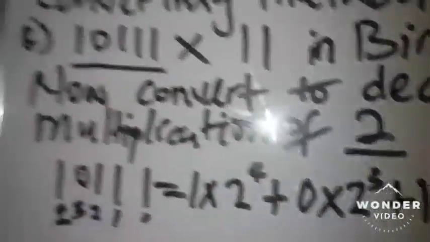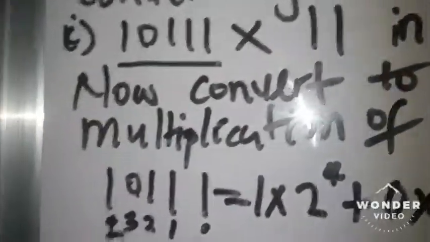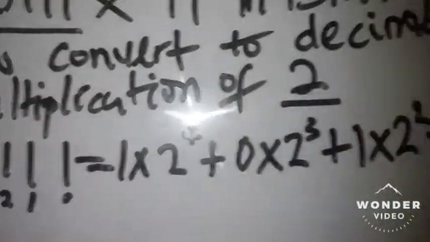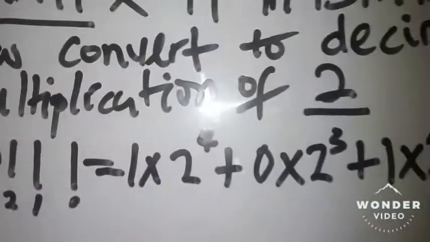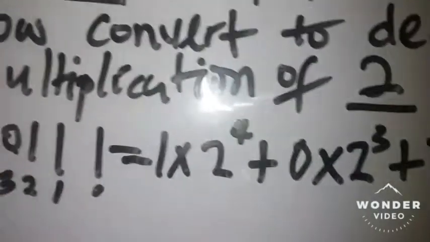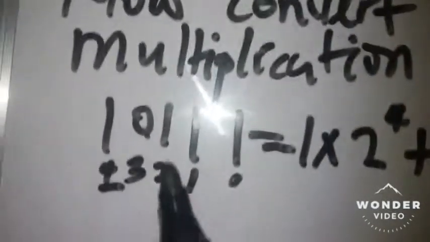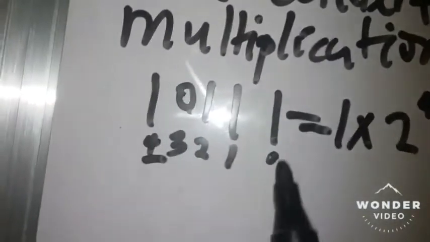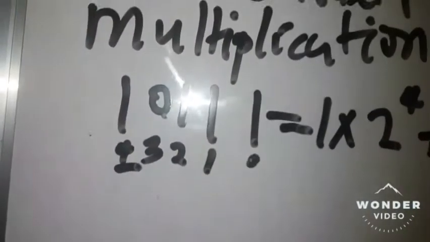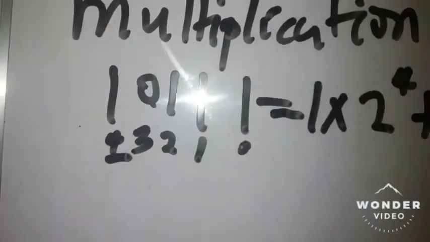It's very, very simple when you are doing conversion. Now, we are converting this back to decimal for us to solve the question. What I did is that you, first of all, place the digits in their positions. The last number here is 0.